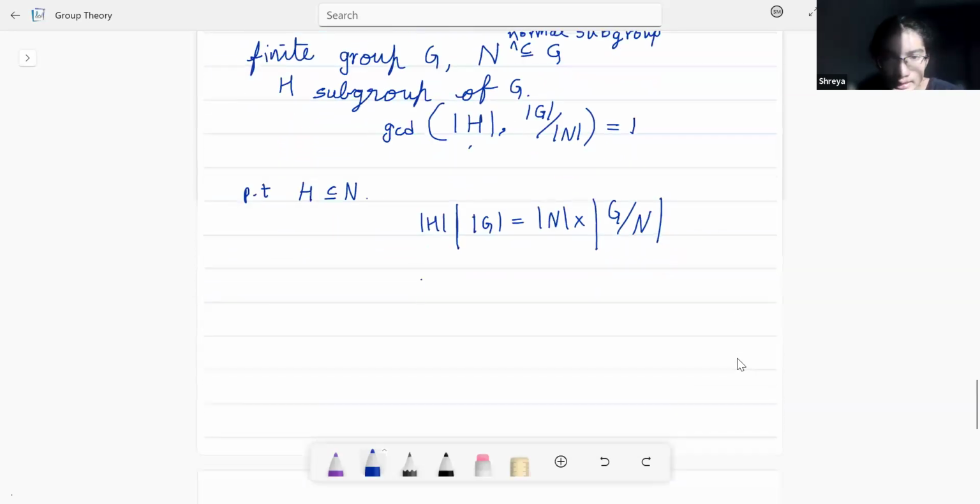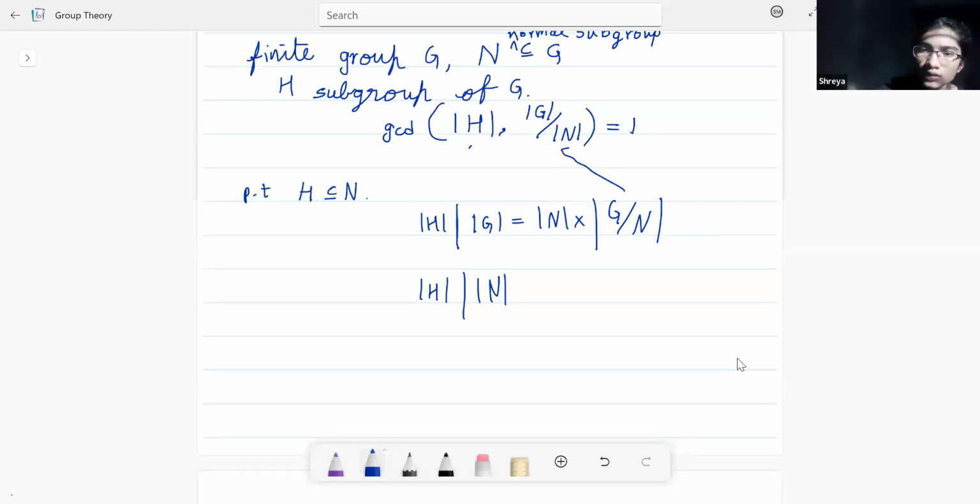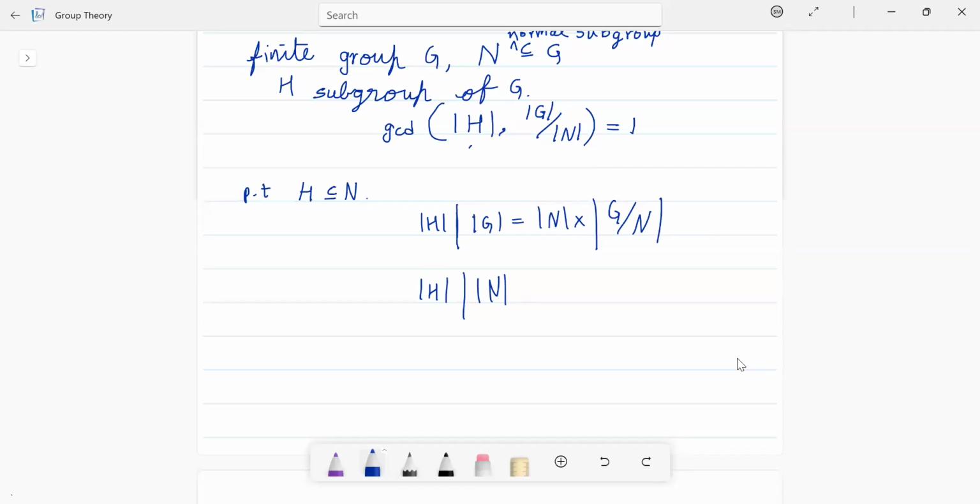Okay, right, so we can get that the cardinality of H divides the cardinality of N. And we also get that the cardinality of H does not divide the cardinality of G by N, unless H is the empty subgroup, in which case we are done. We already know this is true: the cardinality of G is equal to the cardinality of G by N times the cardinality of N. So we have that H is not a subgroup of G by N.